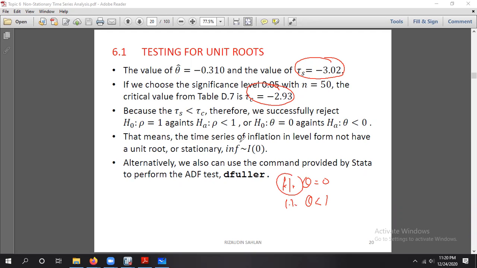So the time series of inflation in the level form does not have a unit root, or we can call it stationary, and we can denote it by the inflation INF integrated at I(0). So the inflation data is stationary at the level form.